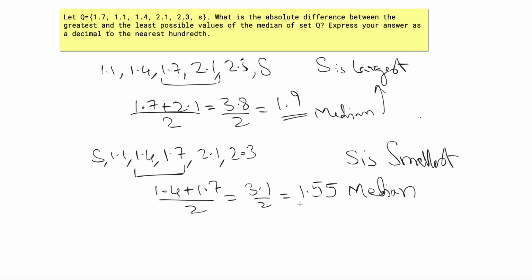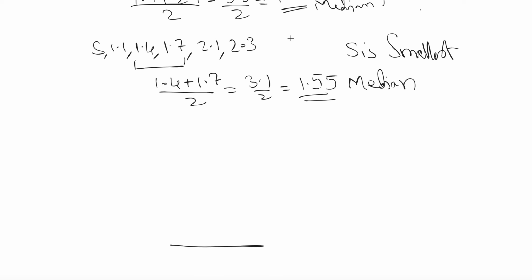So I have two medians here. Now I need to get the difference of them. How do I take the difference? 1.9 minus 1.55, or I can do 1.55 minus 1.9.